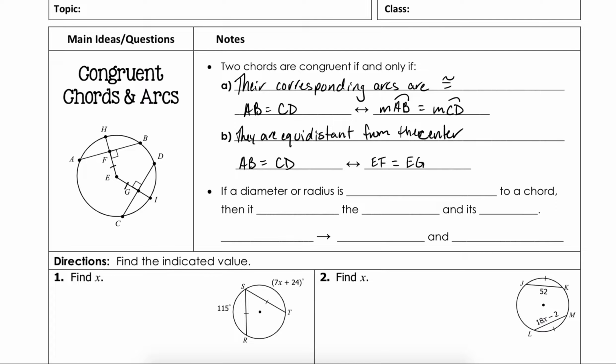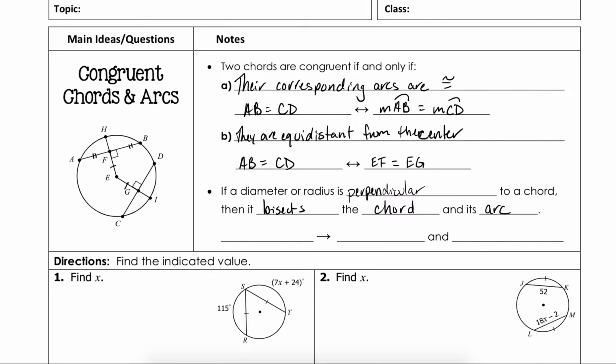If a diameter or radius is perpendicular to a chord, then it bisects the chord and its arc. Okay, so let's look at what that means here. All right, see how EF is perpendicular to AB? That means that it cuts the chord in half.